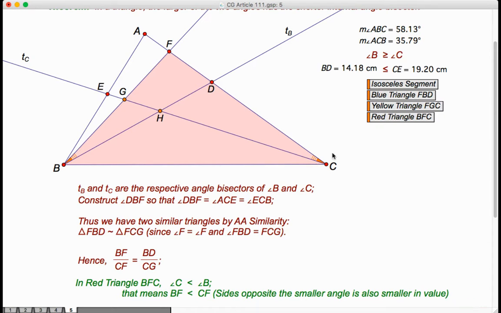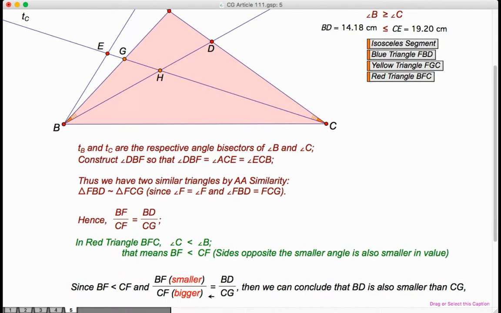But since we know from our elementary geometry that the side opposite the smaller angle in a triangle is also smaller in value, since C is smaller than B, the segment opposite C, which is BF, must be smaller than the segment opposite B, which is CF. So we have BF is smaller than CF.